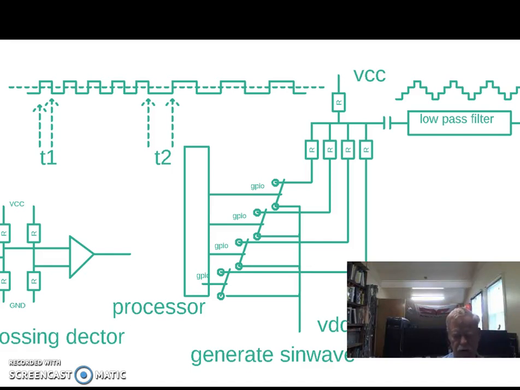How do we make a digital processor determine what the frequency of an analog signal is? There are lots of ways, but one way is to measure the time between the zero crossings. So here's a signal, and I drew it as a square wave, but really it is a sine wave. If you know the time between the zero crossings, you can impute the frequency.